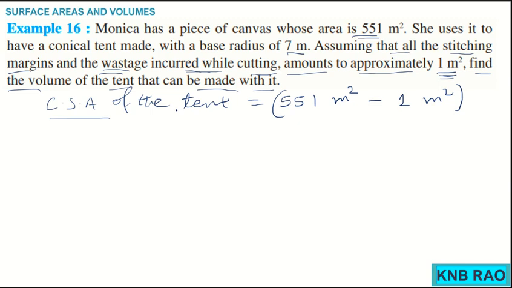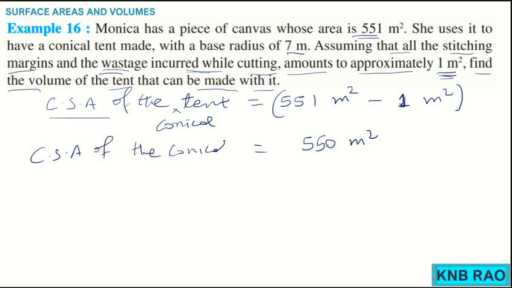So the CSA of the conical tent is equal to 551 meter square minus that wastage. Thus, it gives you 550 meter square. Now, you can find with the help of pi r L, equating it to 550, where r is 7 meter.